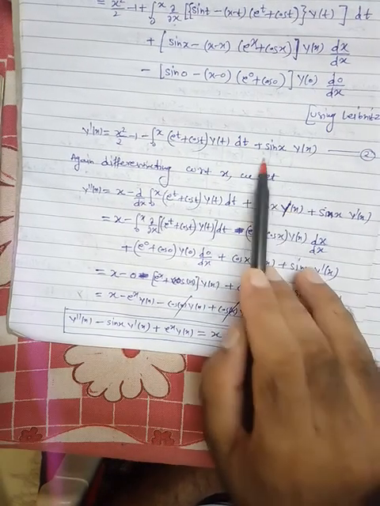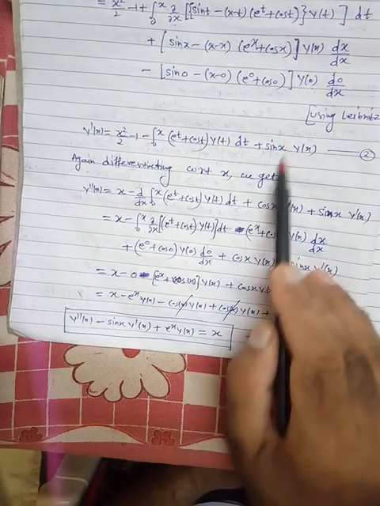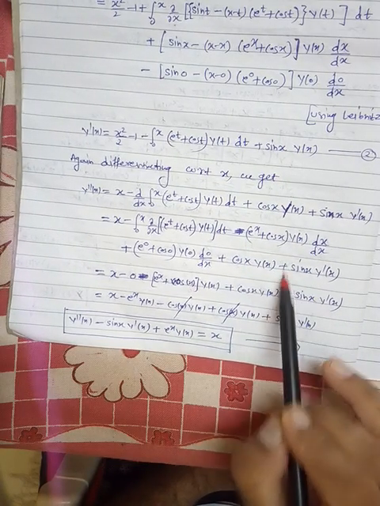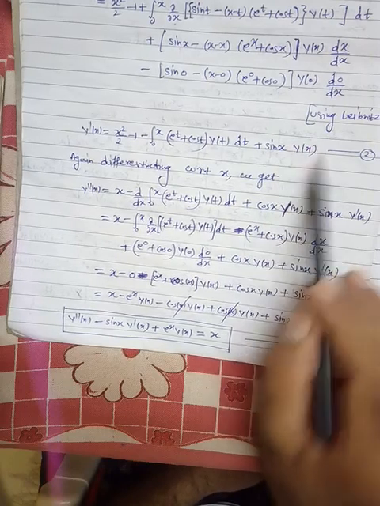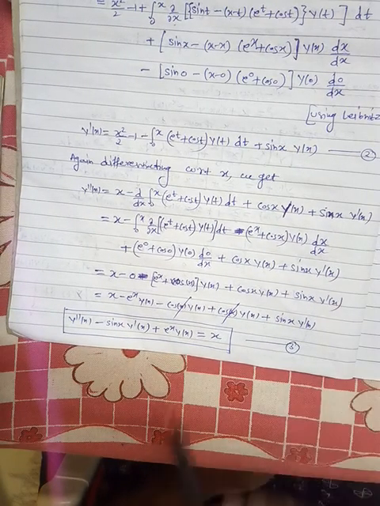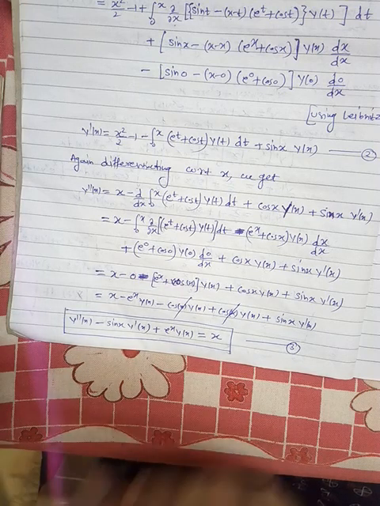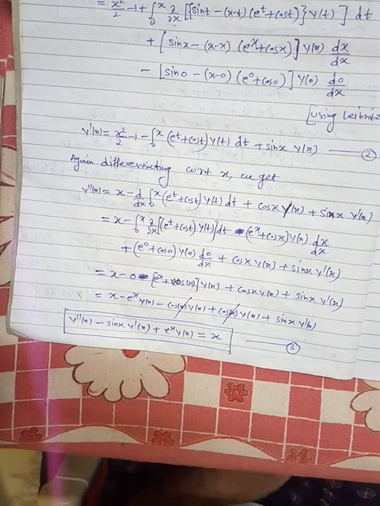So differentiate this with respect to two functions. First derivative of this function is cos x, this cos x y(x), plus then sin x as it is, derivative of this is y1(x). Fine. Now simplify this, so we will get this equation, which is the actual original differential equation.